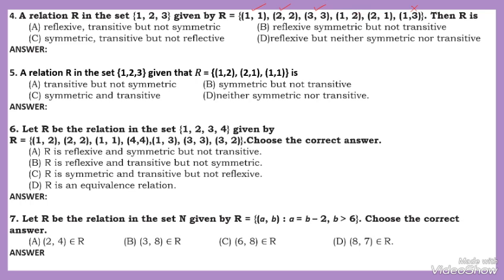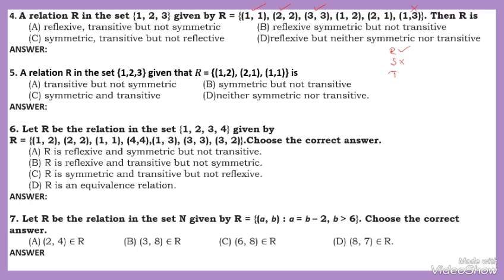Next, the third one: this obeys reflexive property. Symmetric obeys only for (1, 2), (2, 1). But there is no relation for (1, 3). Hence, symmetric is not there. Again, the third property, transitivity. Here I will check the transitive relation. First, (1, 2) is there, (2, 1).